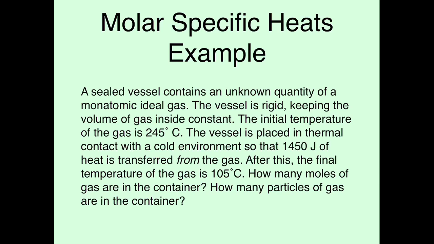The vessel is placed in thermal contact with the cold environment so that 1,450 joules of heat is transferred away from the gas. After this, the final temperature of the gas is 105 degrees Celsius. How many moles of gas are in the container and how many particles of gas are in the container? That's what we want to figure out. So let's do that.